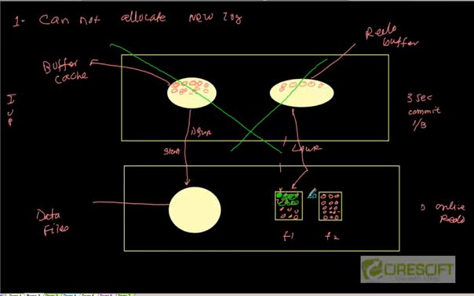Therefore, if we were allowed to write, and in this scenario there is a crash, then we might lose some important transactions, because we are already overwriting. So in this case, log writer is not allowed to write. That is the point when it will give you an error saying that it cannot allocate new log.